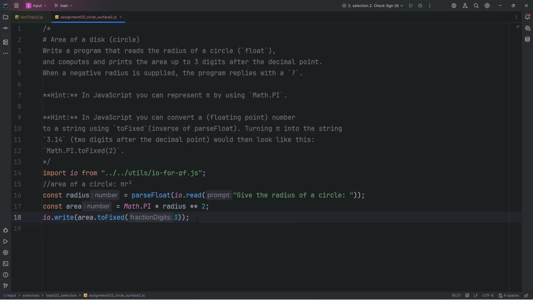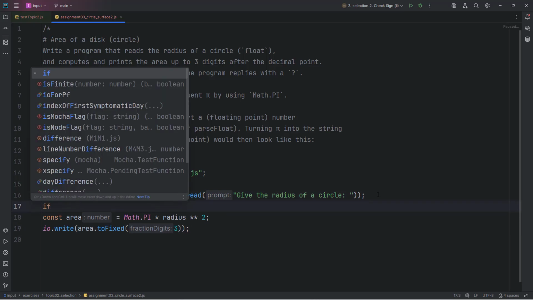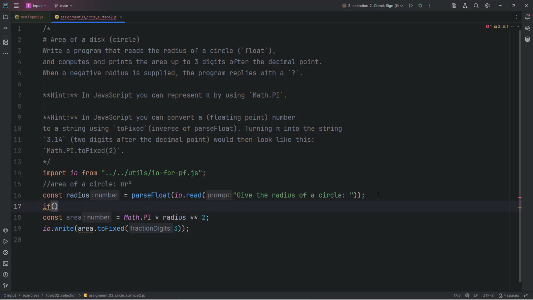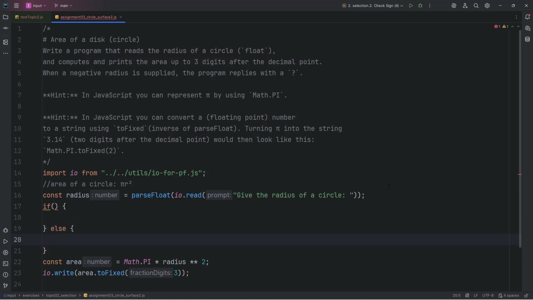The only thing now I need to do is, if somebody gives me a negative radius, handle this. So I'm again writing an if statement with an else. There we go. And I'm going to make a decision.